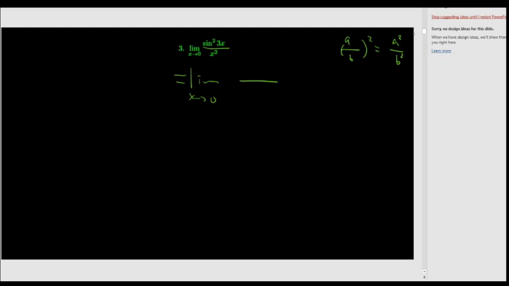We apply that property the other way around. The given limit can be written as the limit of sine of 3x over x, the whole thing squared. You could try to use L'Hopital's rule directly to verify it's an indeterminate quotient. But I'm going to use one other way.